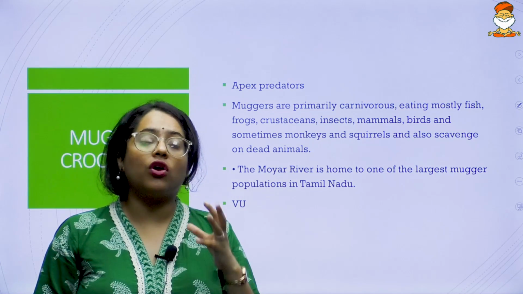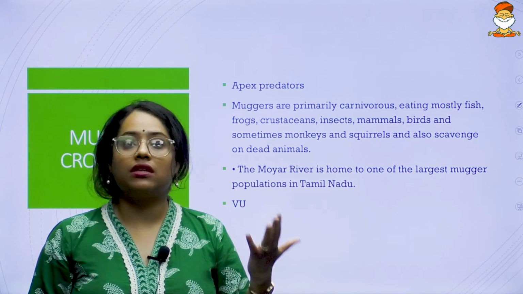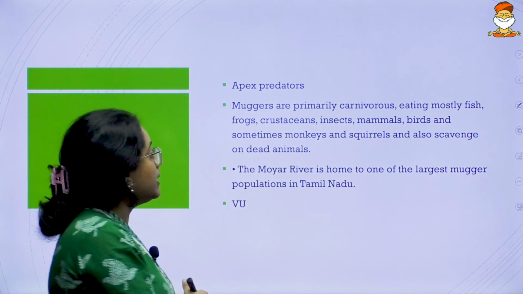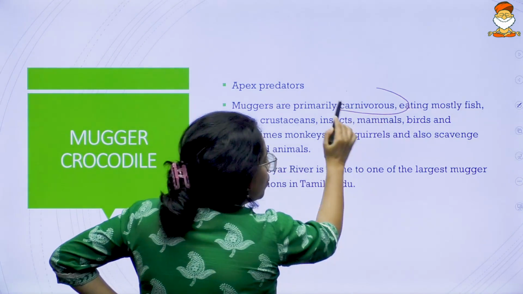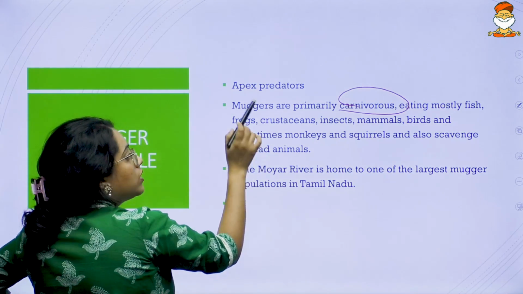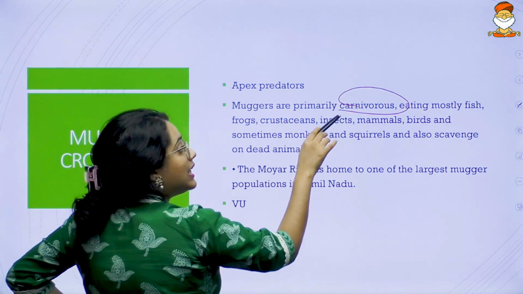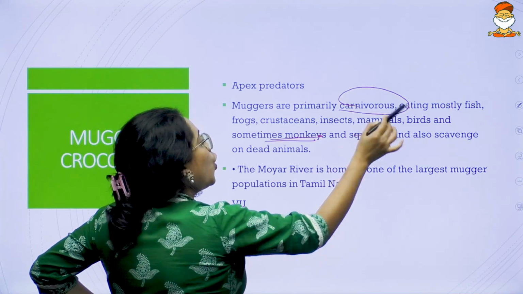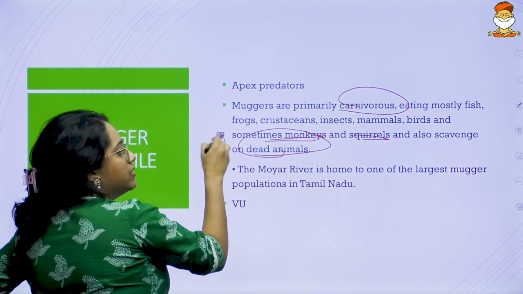The mugger crocodiles are considered apex predators. Okay, that means they would come at the end of a food chain. They're primarily carnivorous. They eat fish, frogs, crustaceans, insects, mammals, birds, sometimes even monkeys, squirrels, or even dead animals.